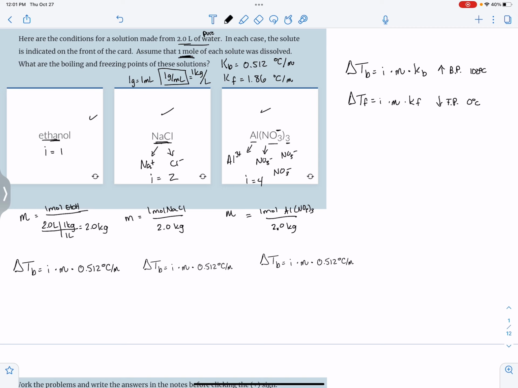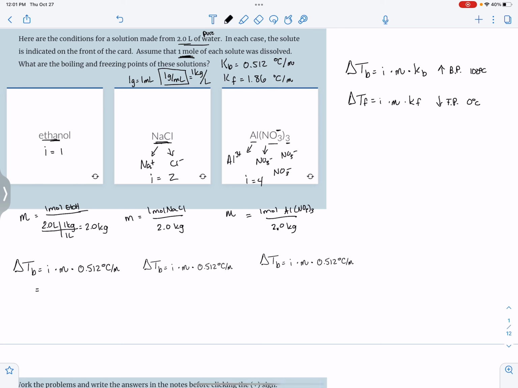So if this problem were being trickier and it were giving you the mass of them, the ethanol might be like 40 grams would be 1 mole. The sodium, that would be like 58 grams would be 1 mole. And this one's going to be a whole lot more, well over 100 grams would be 1 mole. So again, the only reason that it happens to all be the same is because we're trying to point out what happens with the temperature change and focus on that.